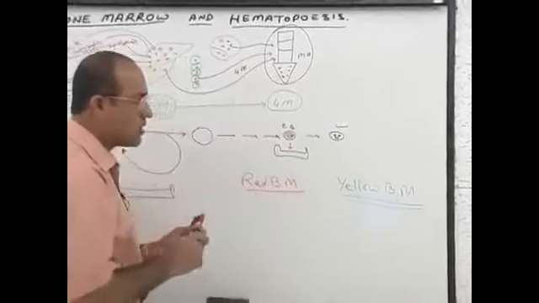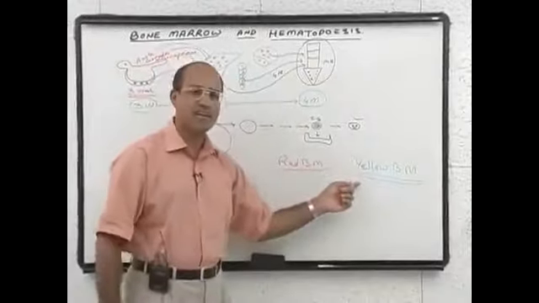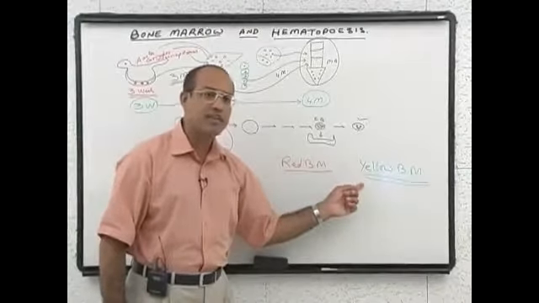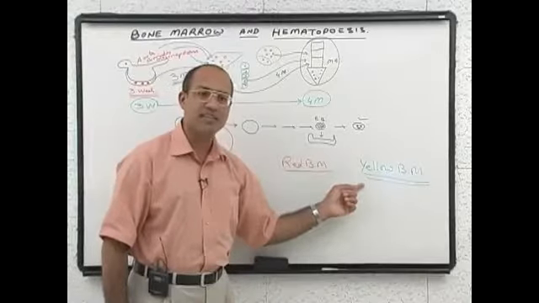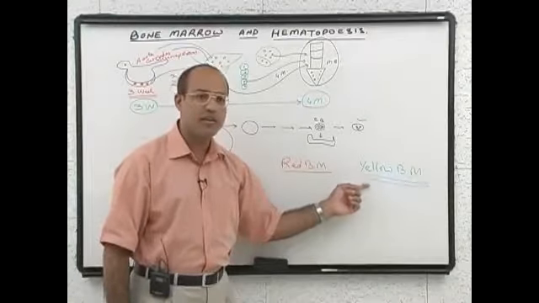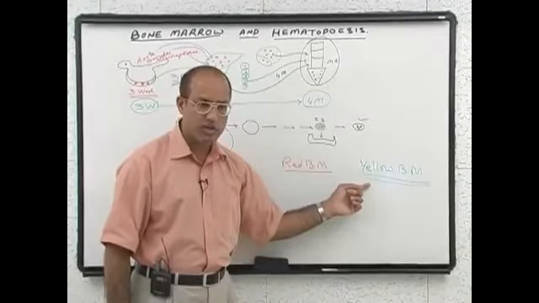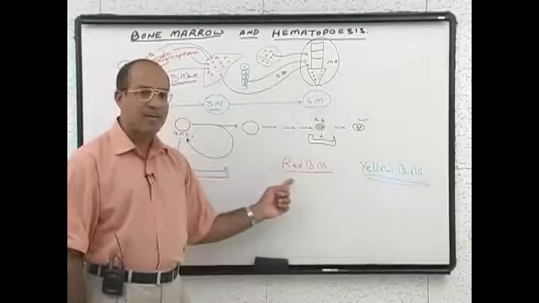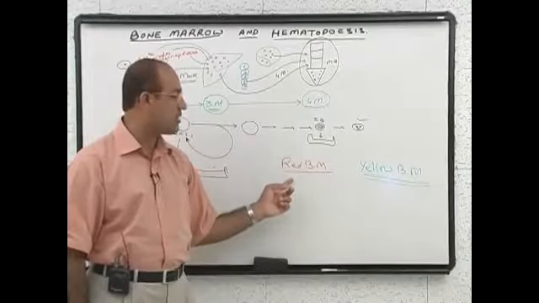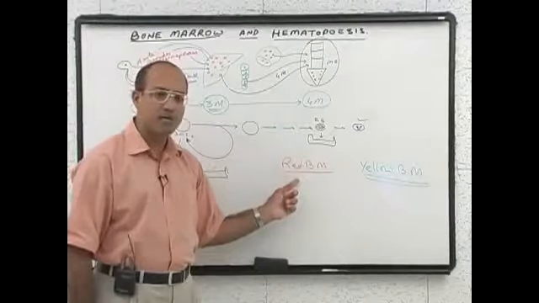Why is it yellow? The reason being, when bone marrow becomes inactive, it is populated with a lot of fat cells, and hematopoietic cells are very few. Due to that reason, this bone marrow looks yellow colored. Opposite to that, active bone marrow, which is actively involved in the hematopoietic process, is highly vascular.